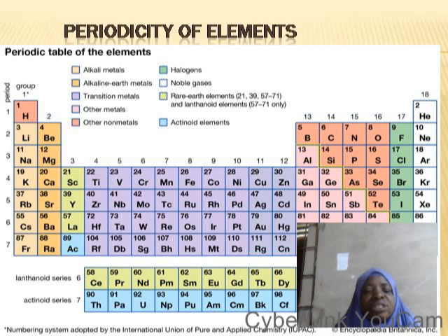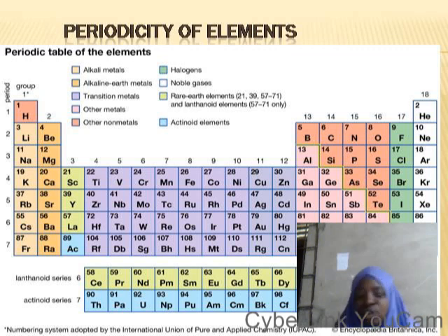Today we are going to continue with the periodicity of elements. If you remember, last week we were able to explain the periodic table. Today again we are going to continue with that, where we'll be looking at each group in the periodic table.